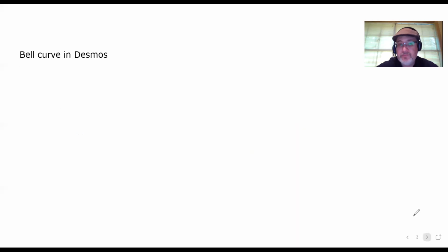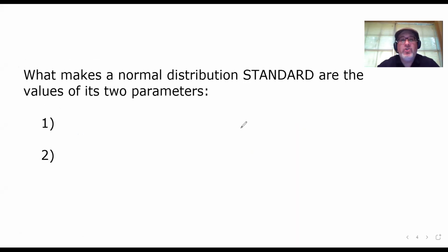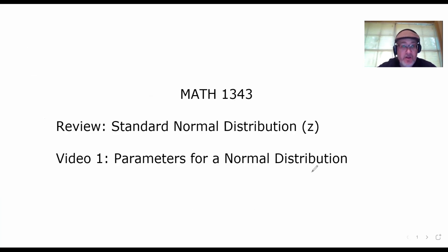All righty. So what makes a normal distribution standard? Because if we go back to the beginning of this Zoom recording, we're reviewing a standard normal distribution. The word normal in standard normal distribution means bell curved shape.